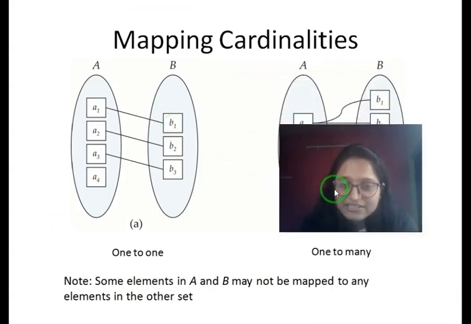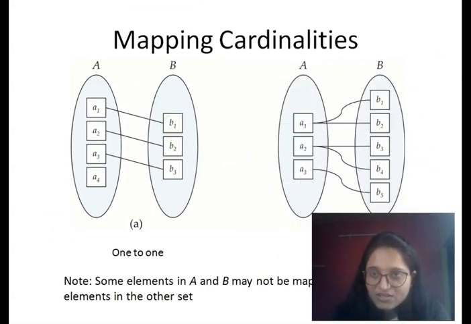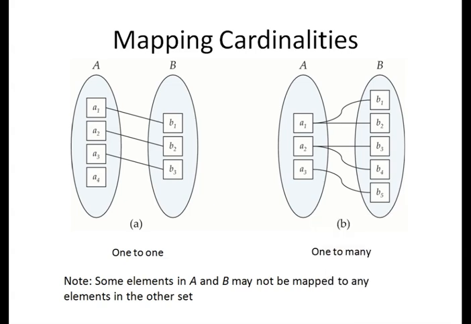First is one to one. Dear student, an entity in A is associated with at most one entity in B. See here, at most one entity in B. This is termed one to one relation.